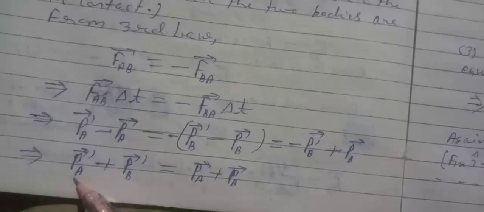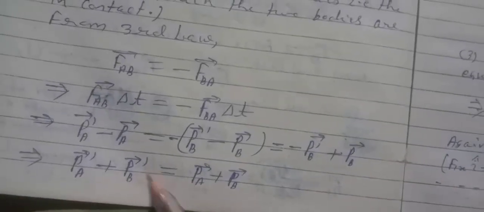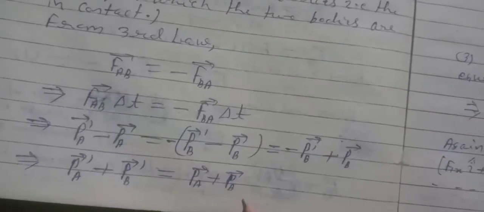This implies PA dash vector plus PB dash vector equals PA vector plus PB vector.